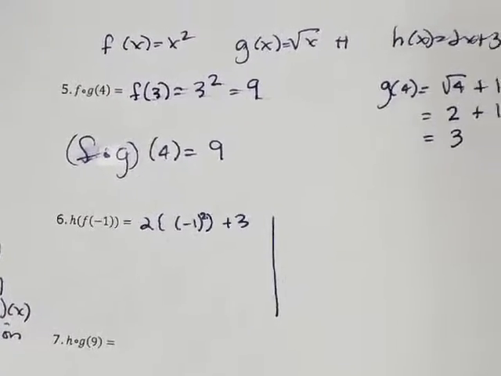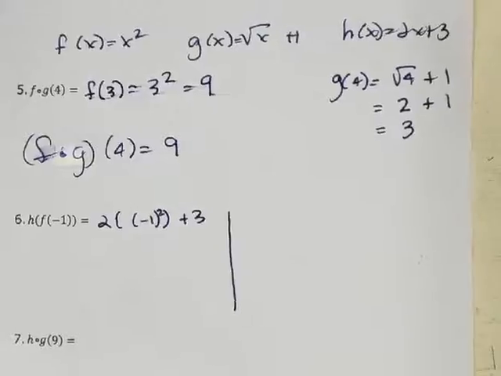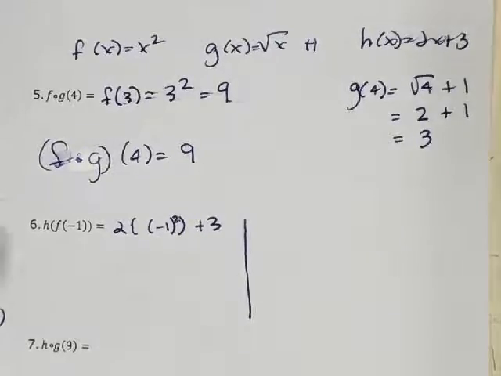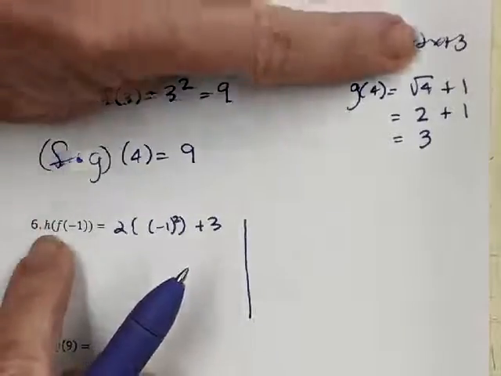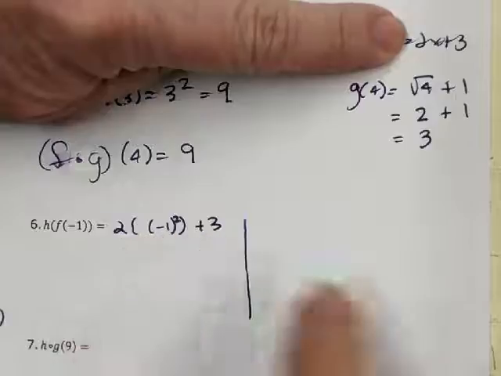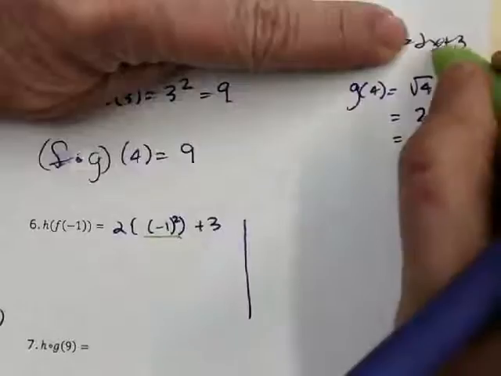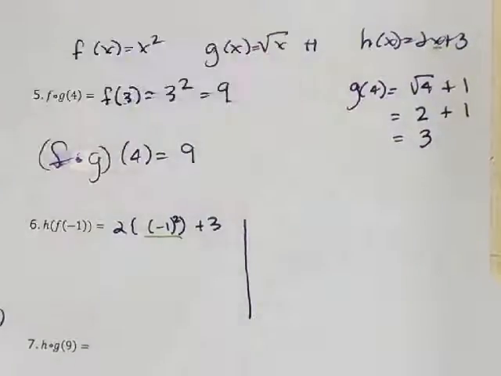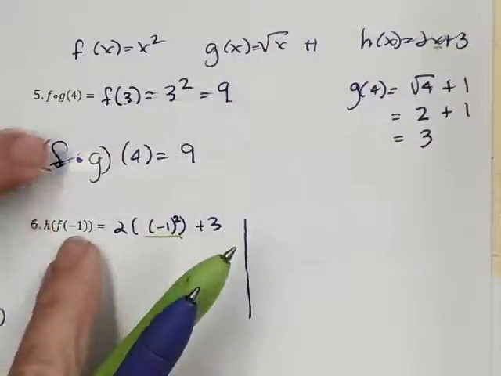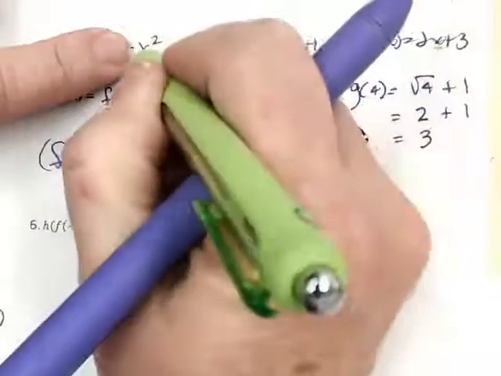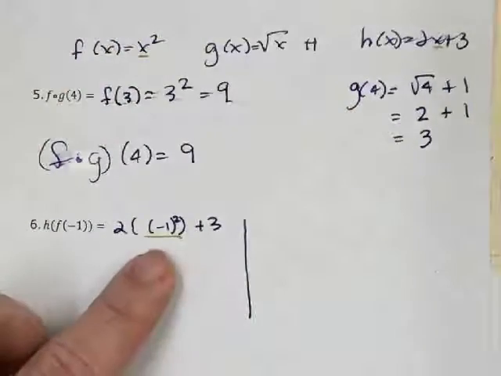I get caught up in what I'm doing here and I don't pay attention to the screen all the time. So here's what I did. My h function is 2x plus 3. This was my x. But then I'm going to plug in negative 1 for x in this one. So it's negative 1 squared.